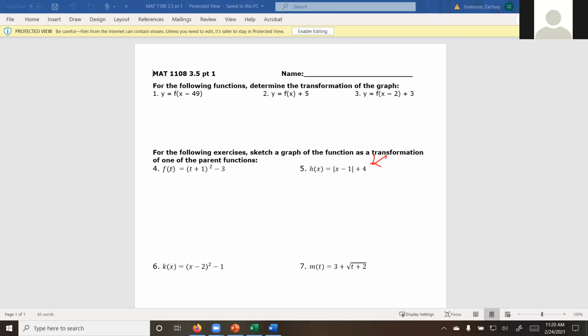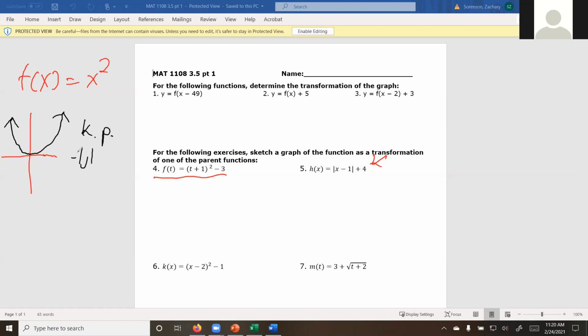One of the big graphs, and this is probably the most used parent function, is what I started that lecture with, f of x is equal to x squared. General shape of that is this. And then my key points are going to be -1, 1, 0, 0, 1, 1.